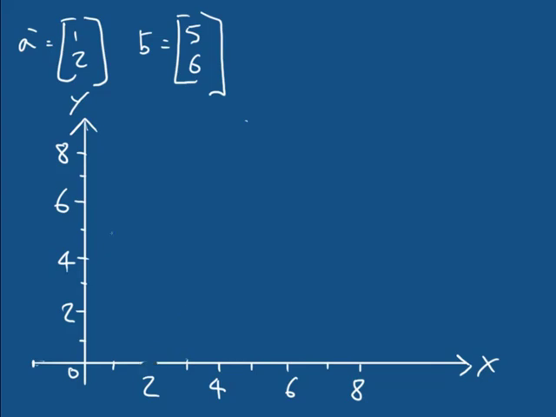Please bear with me a second. There we go. So I'm going to start here. I'm going to move 1 unit in x, 2 units in y. So that means I'm going to be ending right about here. That's going to give me a vector that looks something like this. So this is the graphical representation of our vector A.